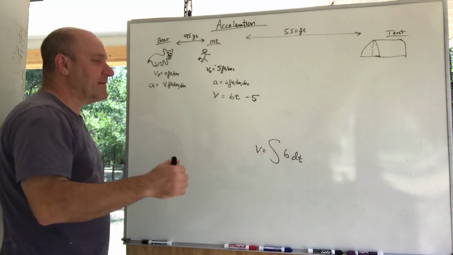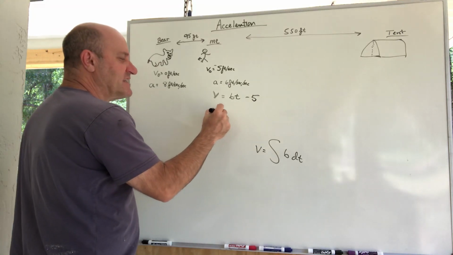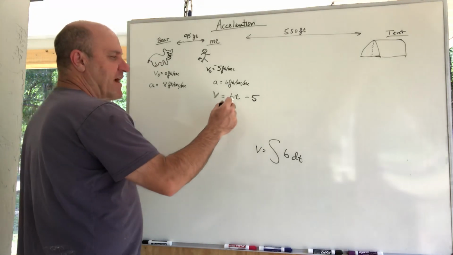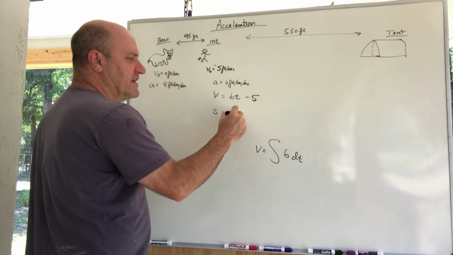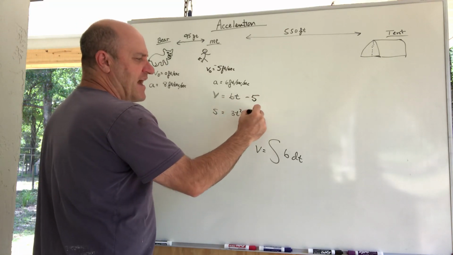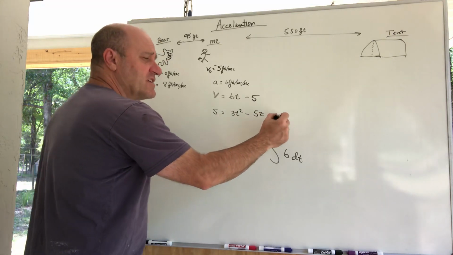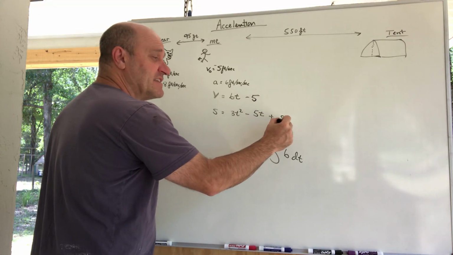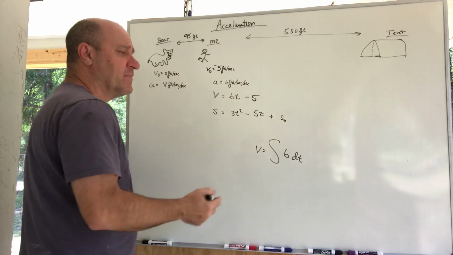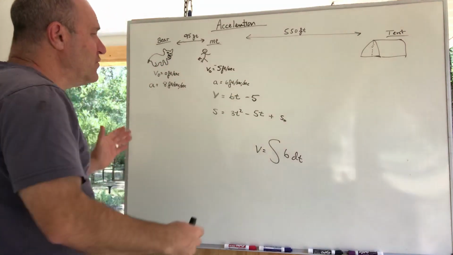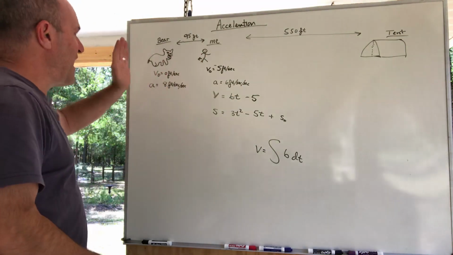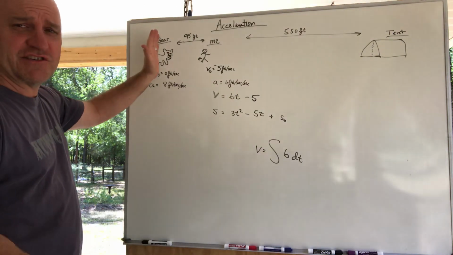Let's integrate to get position. S is position, of course. If I integrate 6t, that's a 3t squared. I integrate the negative 5, and then I get a plus c. The plus c is what we call the initial distance, the initial s naught. Now, it's kind of up to you, but I'm going to call the bear position 0.